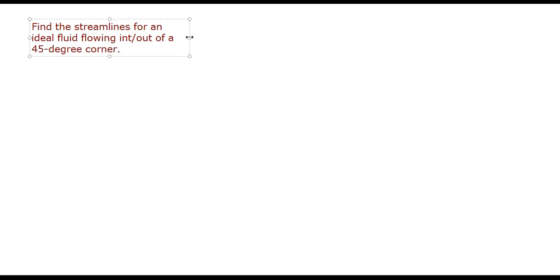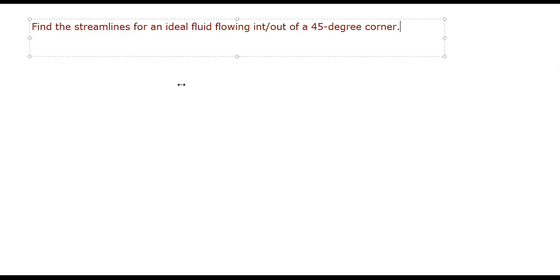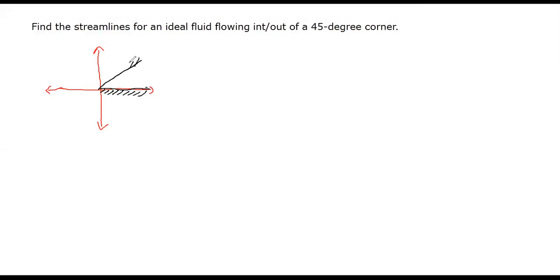So I want those titanium oxide smoke lines in my wind chamber, but I want them flowing into and out of a 45-degree corner. And you guys can 100% do this, and it will not take you a lot of math, but it might take a little bit of thinking. And this is how I'm going to define my corner. So that's a brick wall, and then that's a brick wall.